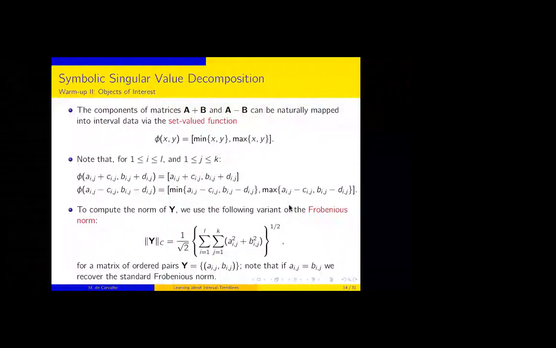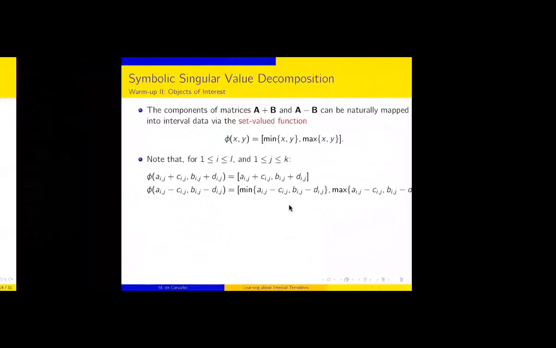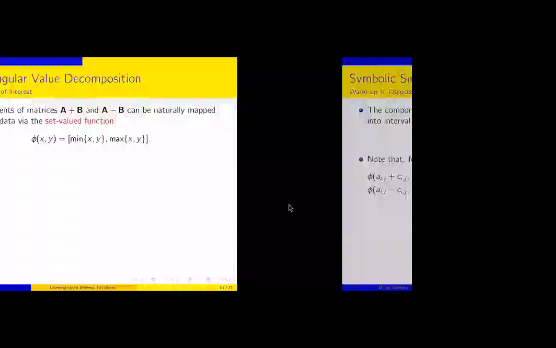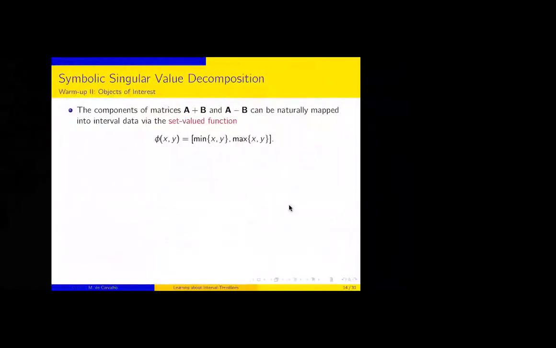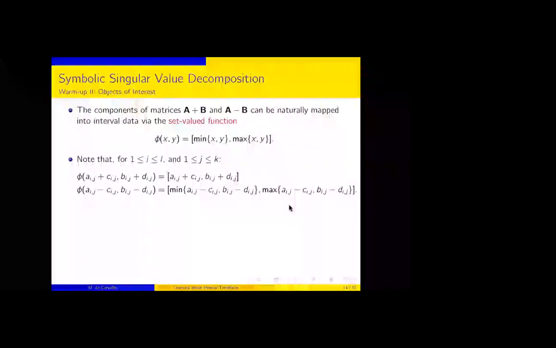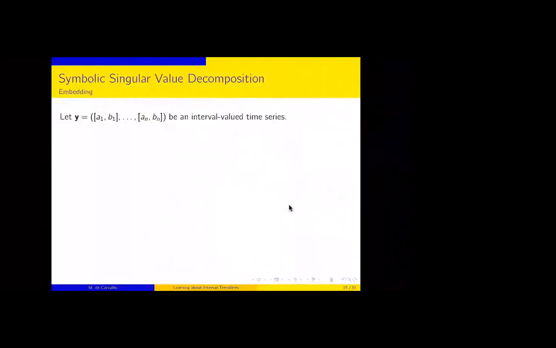Warm up number two: let's just be careful about the setup that we have in mind, these matrices and the corresponding operations, as well as the set valued function that we've introduced to move from pairs also to intervals. Let me now start introducing the symbolic singular value decomposition.